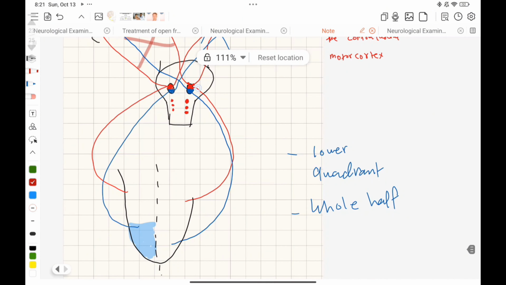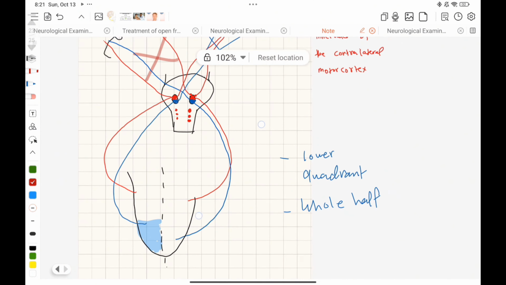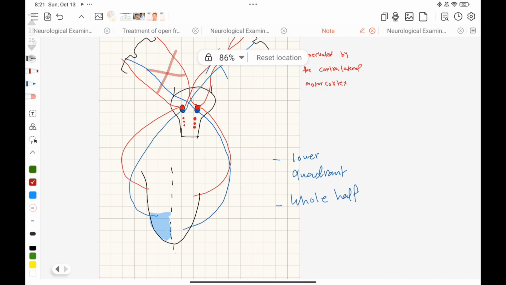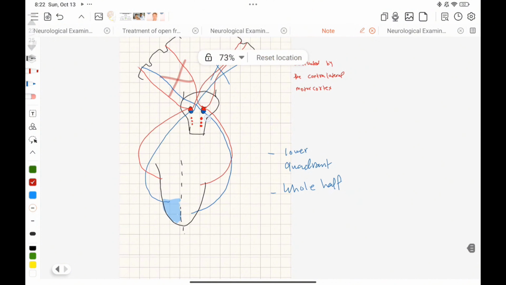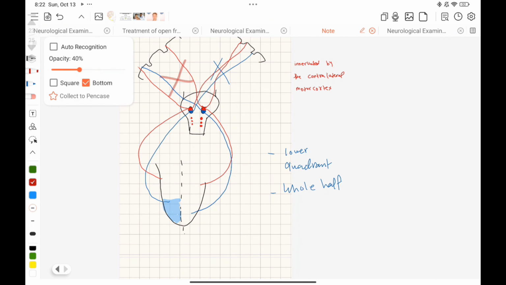It will send to the contralateral upper quadrant of the face. This side, the upper portion, will not be affected, while this nucleus is supplied by this side and not supplied by this side, so this will be affected. The lesion will be here also.